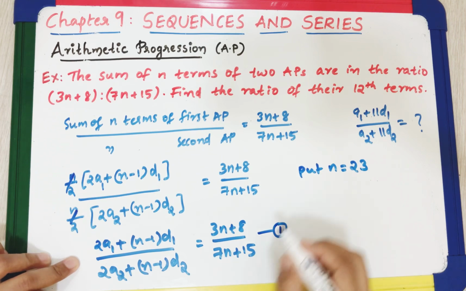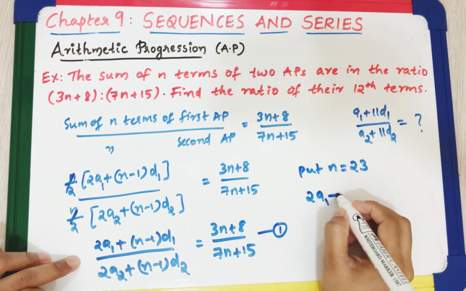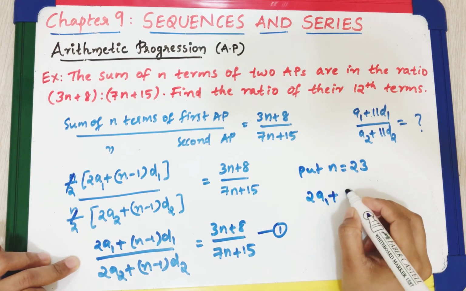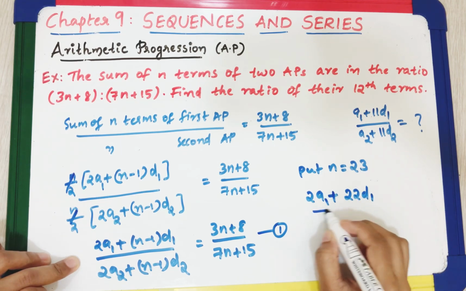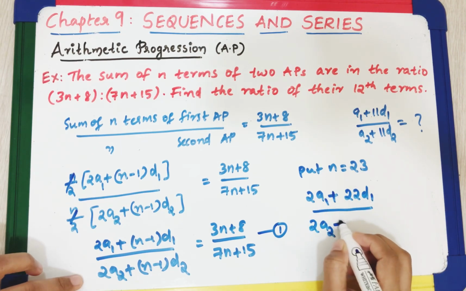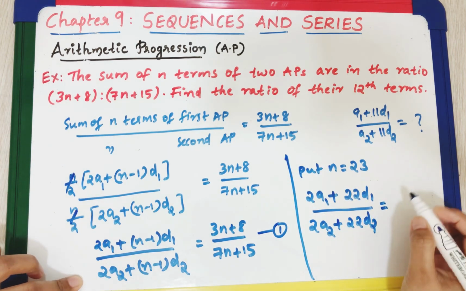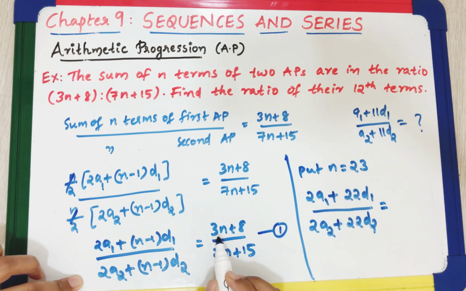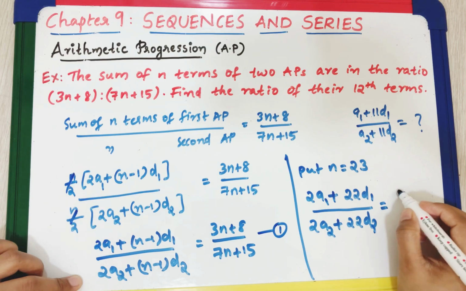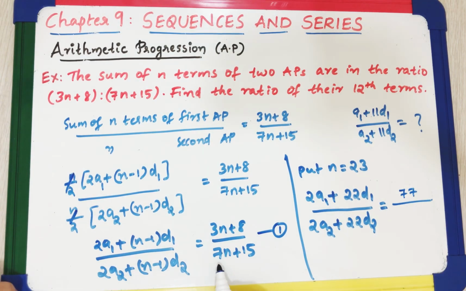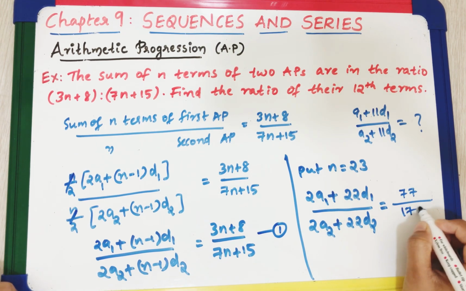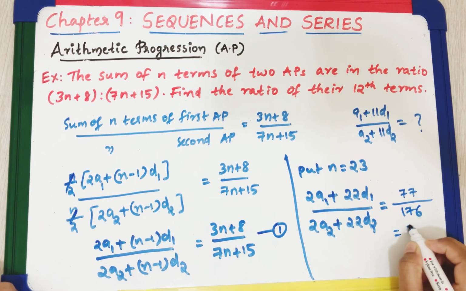Then we get 2a1 plus 22 d1 by 2a2 plus 22 d2 is equal to, for n is equal to 23, 3 into 23 plus 8, which is 77, by 7 into 23 plus 15, which is 176, which will be equal to 7 by 16.